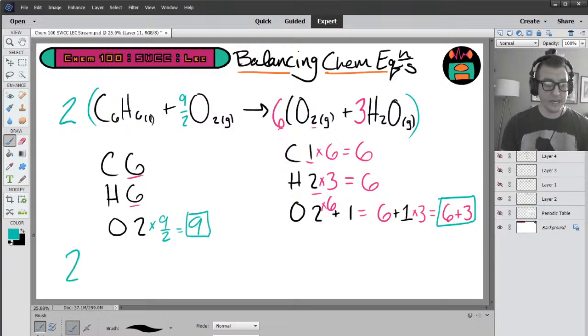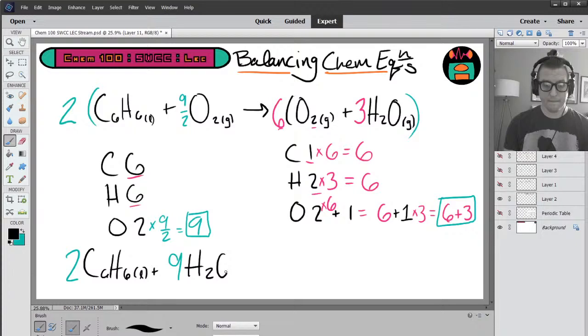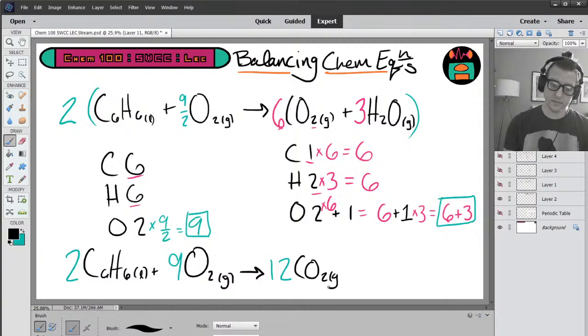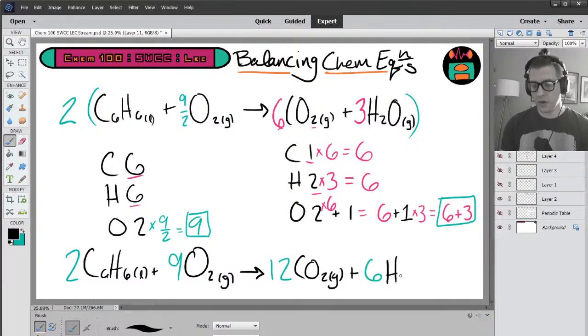So our final answer will be 2 molecules of liquid benzene react with 9 molecules, not of water, holy moly, of oxygen to produce 2 times 6 is 12 molecules of carbon dioxide plus 2 times 3 is 6 molecules of water.